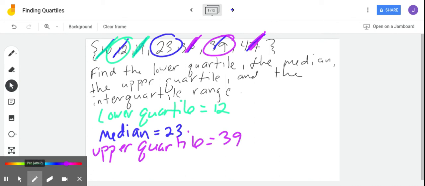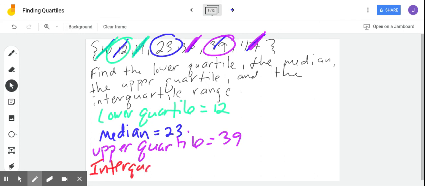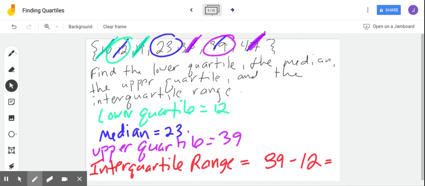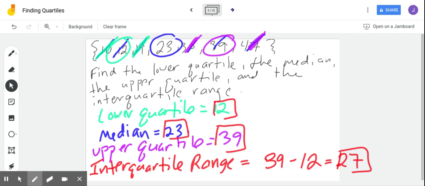And then we will find the interquartile range by doing the upper quartile minus the lower quartile. So that will get us 27 for our interquartile range. So we found our upper quartile, median, lower quartile, and the interquartile range.